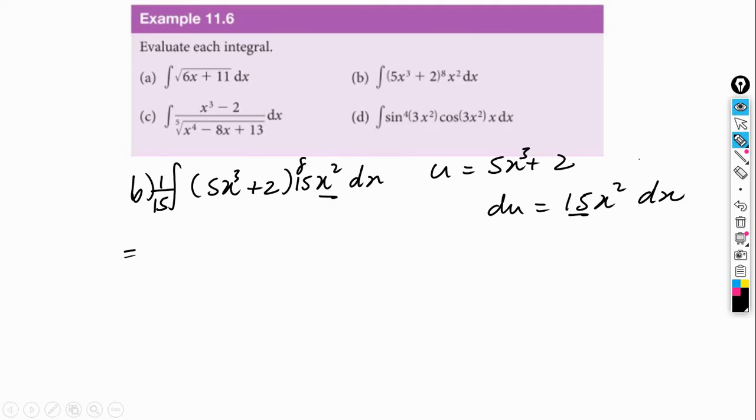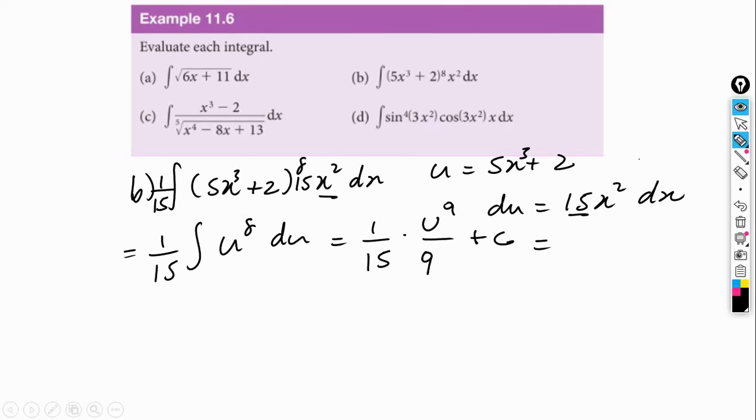So then this is going to be the same as 1/15 times the integral of u to the 8 du. And then again, simply use the power rule here. So it's going to be 1/15 times u to the 9/9 plus c. And this is going to equal 15 times 9 is going to be 135.